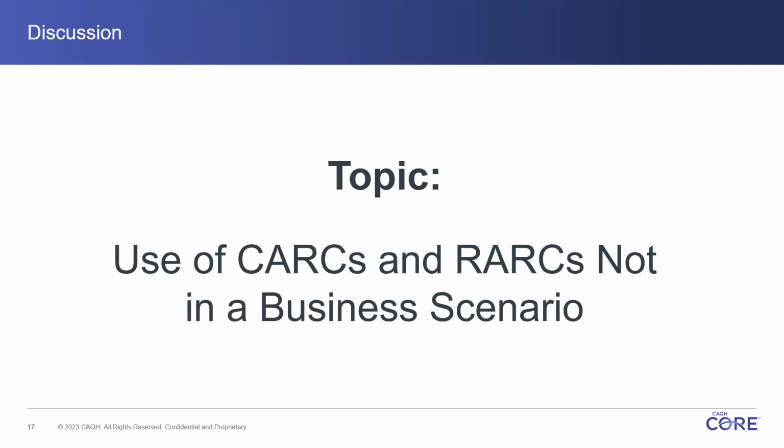And so the information needs to be sent to them as best as possible. So I just wanted to say that because it's one of those problems in the industry that we can continue to talk about. Yeah, it's a good point. Often there may not be system intelligence or edits to ensure that just because a CARC says you must use a RARC, everyone's actually doing it.